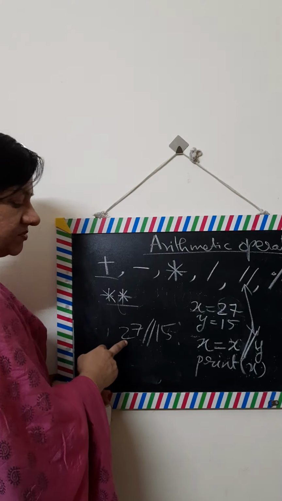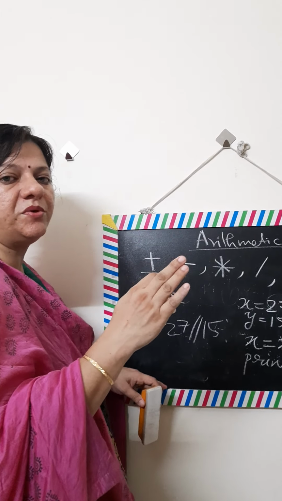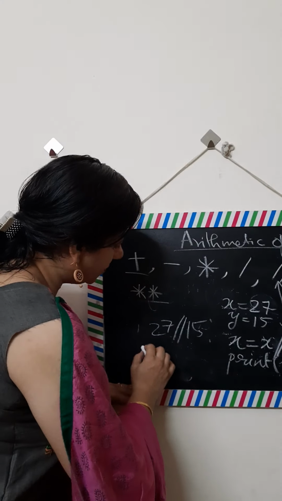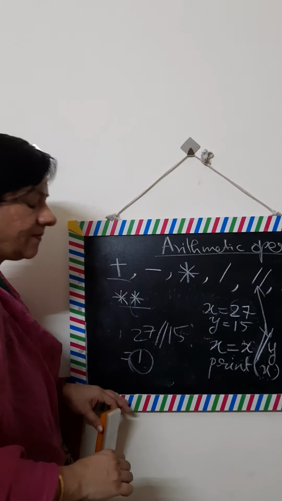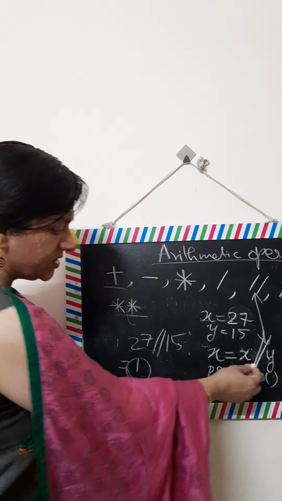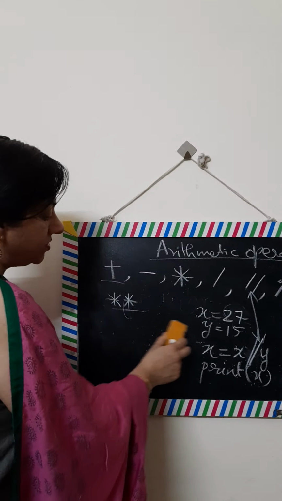So 15, 1 times 15. After that, whatever is remaining, it is not bothered about what is going to be further. Because it needs a point, something is there already. So your answer will be returning as 1. The value will be 1, which will be stored in x. Fine? Clear? Try it out yourself.